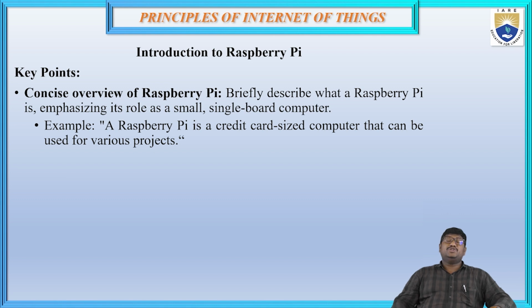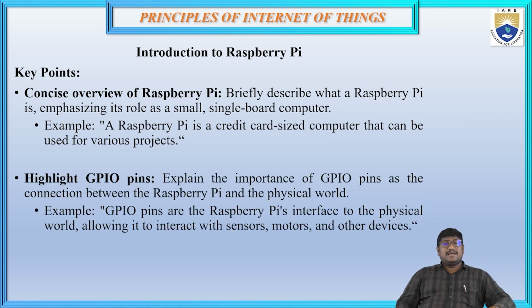Here I'll let you know with a simple line which is very familiar to you, which I discussed in my previous class also. Raspberry Pi is a credit card sized computer which can be used for various kinds of projects related to our IoT.